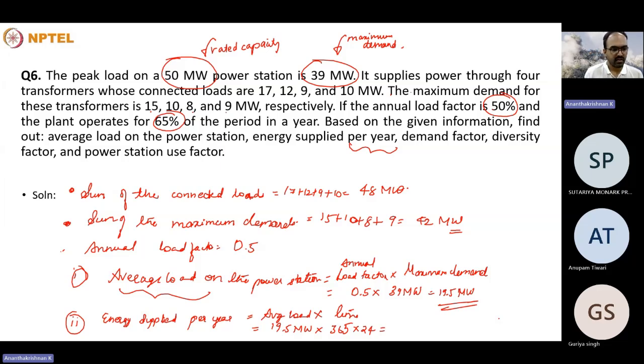You know the kilowatt hour unit, so I'm trying to write it in terms of kilowatt hour. Time can be written as this many number of hours.